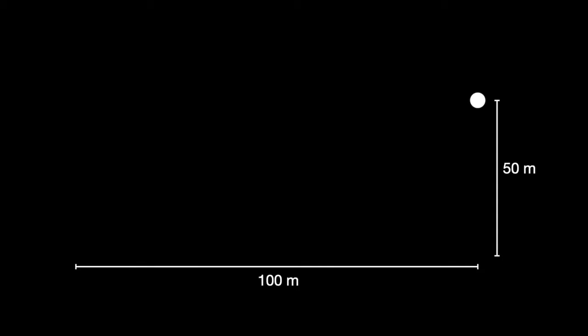If I said the displacement, now we're talking about a vector quantity, how far it's moved from its actual origin. You can't give it to me now as a scalar quantity because it's clearly got a direction associated with it. So you would end up telling me that the displacement is 111.8 meters, north 63 degrees east. You can see now it's giving me a lot more information.